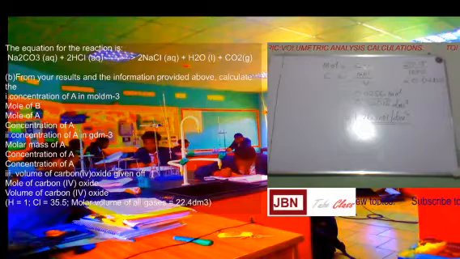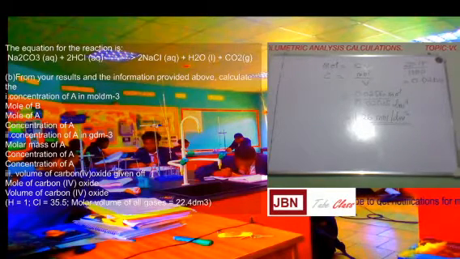Okay, now having gotten the concentration value, there are other calculations that we can carry out from here. Let us look at that in our question. Let's go to question, that is question number 3.